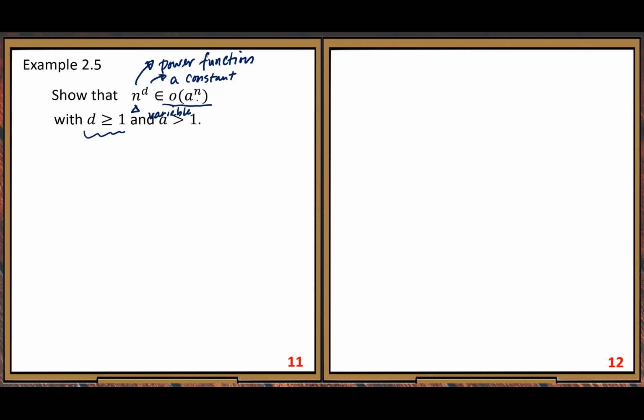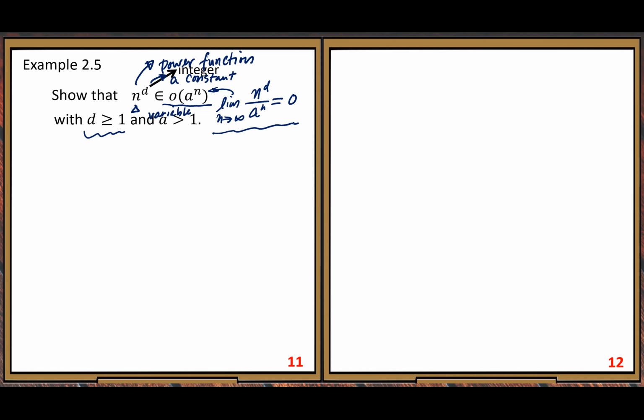This little o means the limit is 0. The power function n to the d over a to the n, this limit equals 0. That's the meaning of this little o. So here you need to prove this limit equals 0.